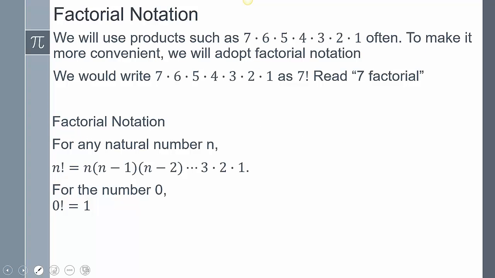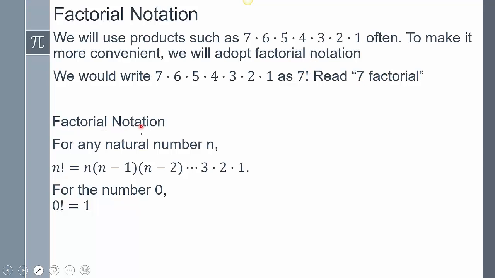Now, instead of writing this long statement, 7 times 6 times 5 times 4 times 3 times 2 times 1, it's a little annoying. And to be completely honest, it can get really tedious when you're doing that. And so we create this type of notation called factorial notation to help us. Instead of writing 7 times 6 times 5 times 4 times 3 times 2 times 1, we're going to write it as 7 factorial, and that's what that exclamation point means.